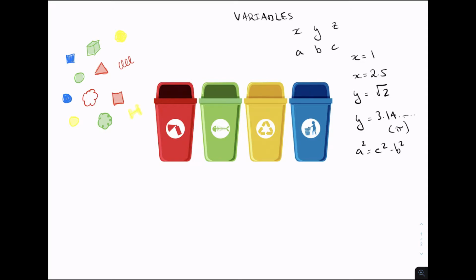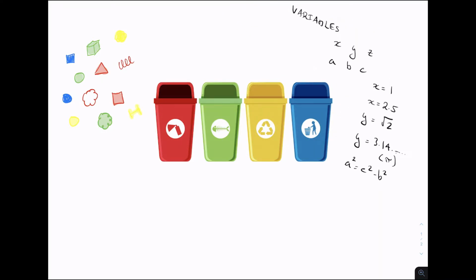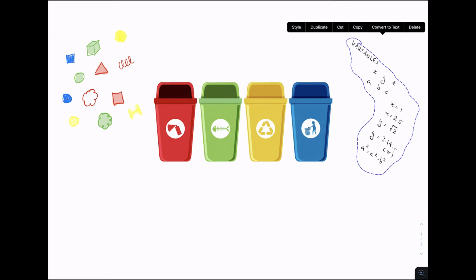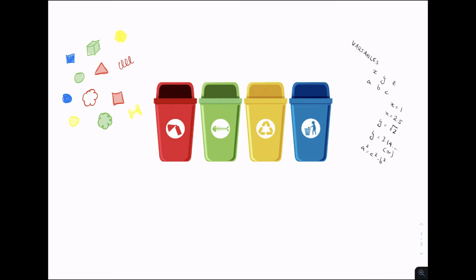In coding, variables can take on different forms, and you want to think of variables as having certain types, okay? I'm going to use this example of the bins as being the various types. This red bin, which contains only aerosol cans or sprays of the sort, we'll call bin 1, variable or var1 type.